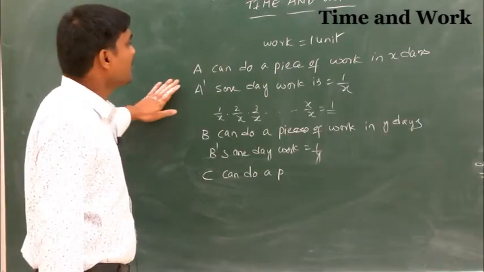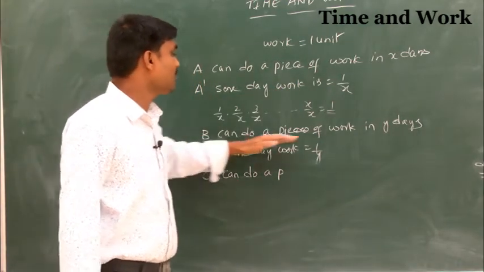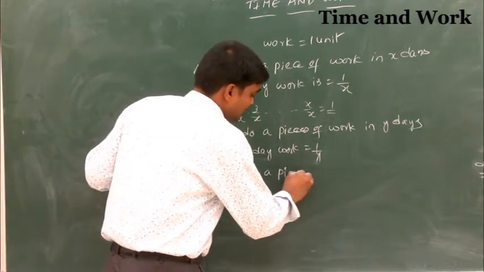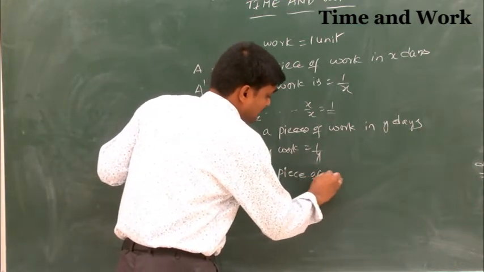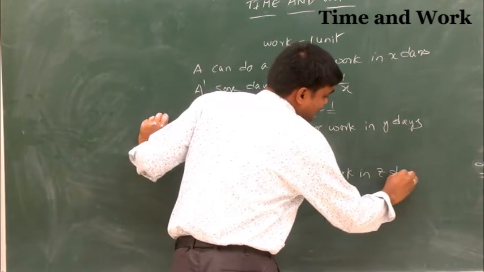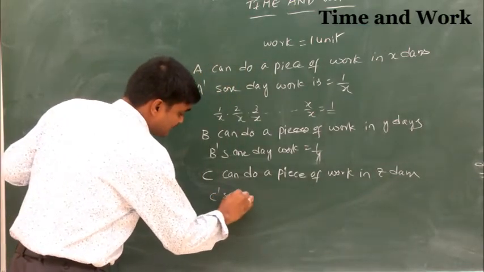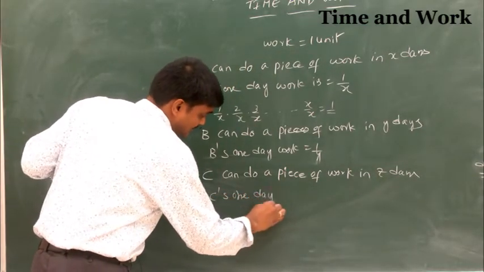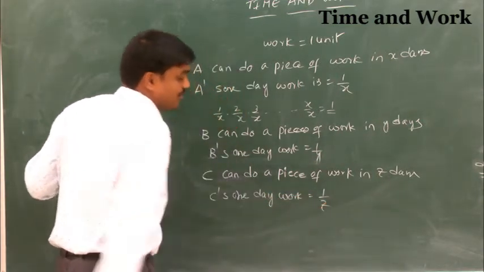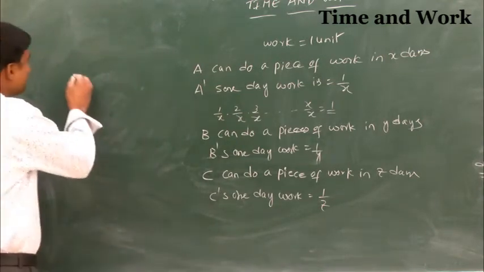So next, A can do a piece of work in X days. B can do a piece of work in Y days. C can do a piece of work in Z days. So C's one day work is 1 by Z part. So he is asking A plus B plus C's one day work.